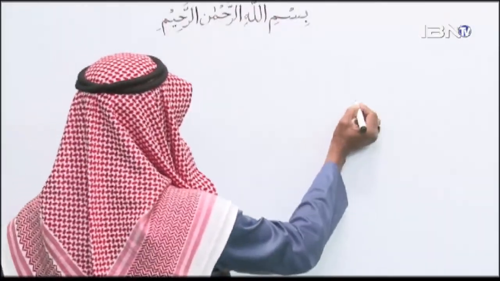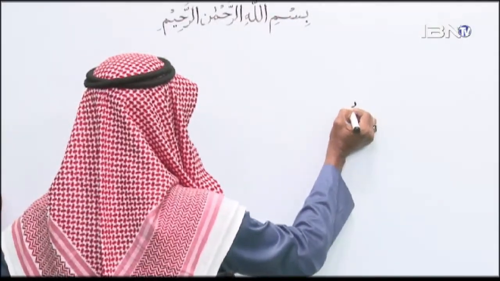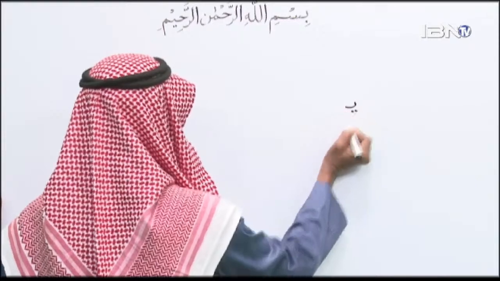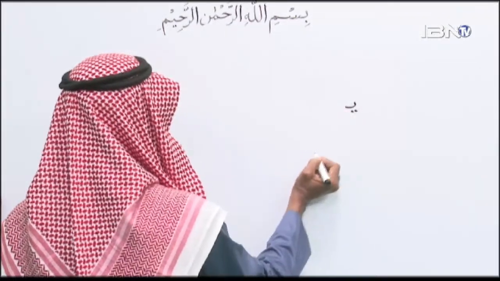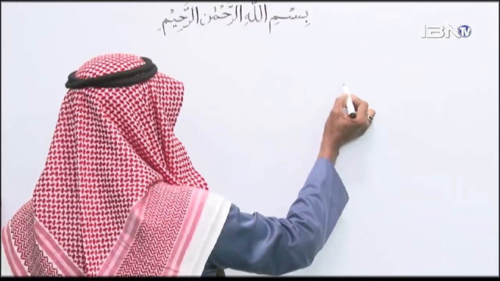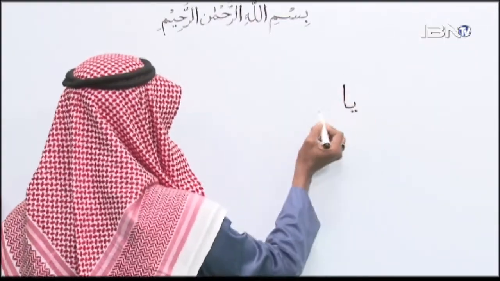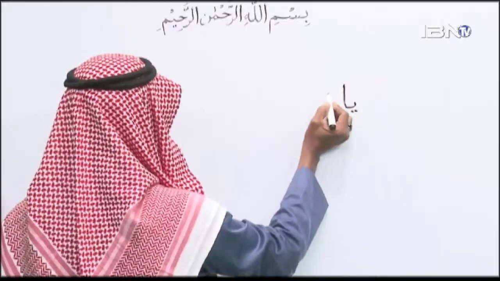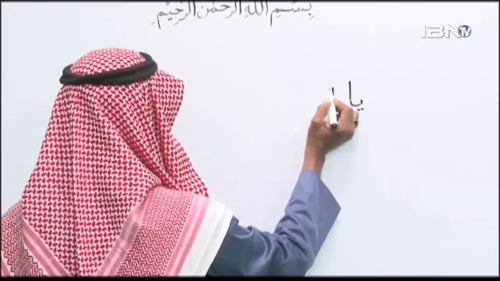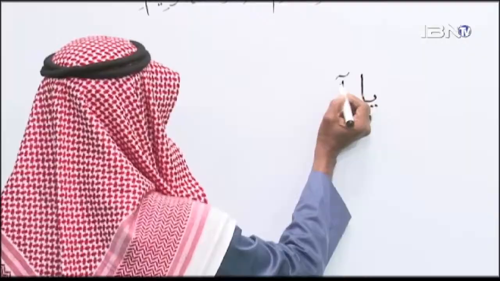Now, normally you would have, let's say this is the letter Ya, and then we want to add an alif to it. So this is Ya, Ya, and then we have this here.